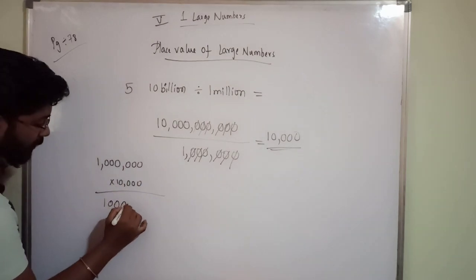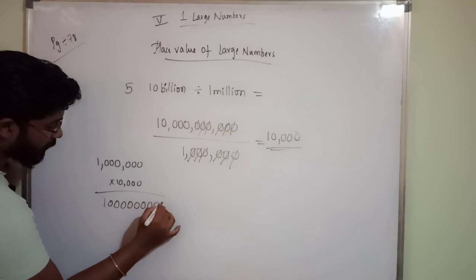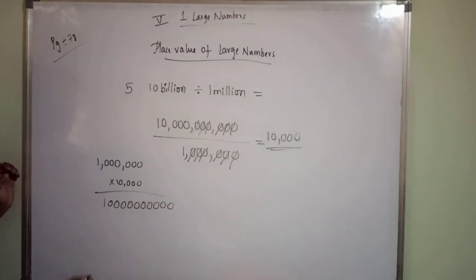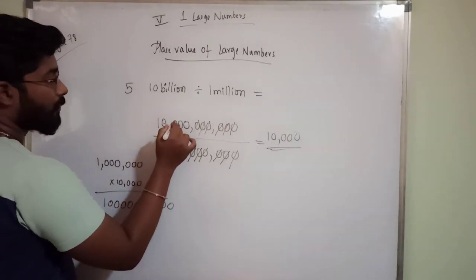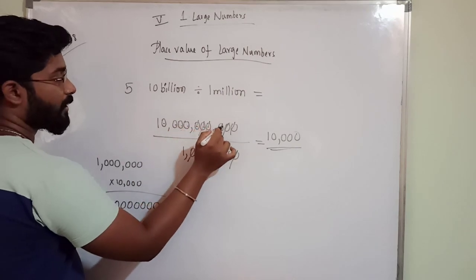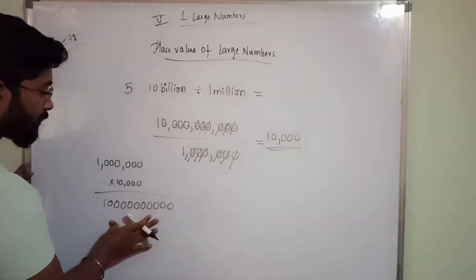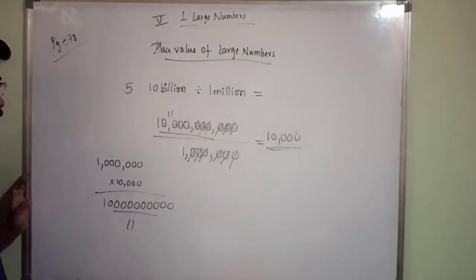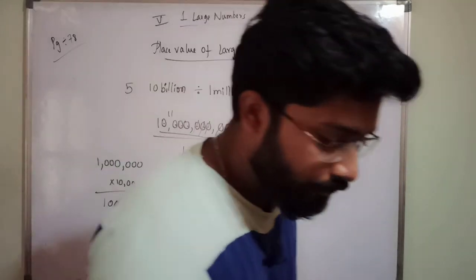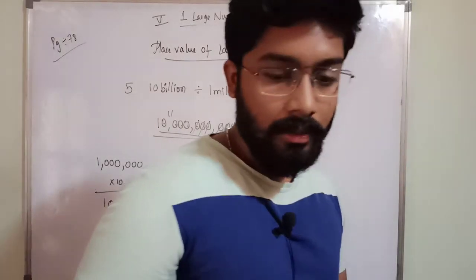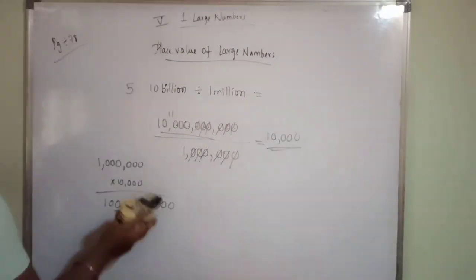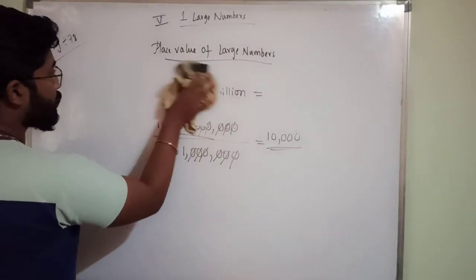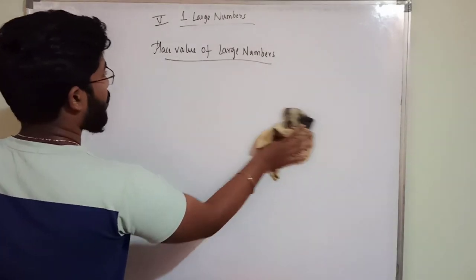Here you are having 10 zeros. This is an 11 digit number. This is also 11 digit number, no? So like that you are solving. Okay, clear? So with this we have completed the fill in the blanks, and in next class we will continue the same. Okay, thank you.